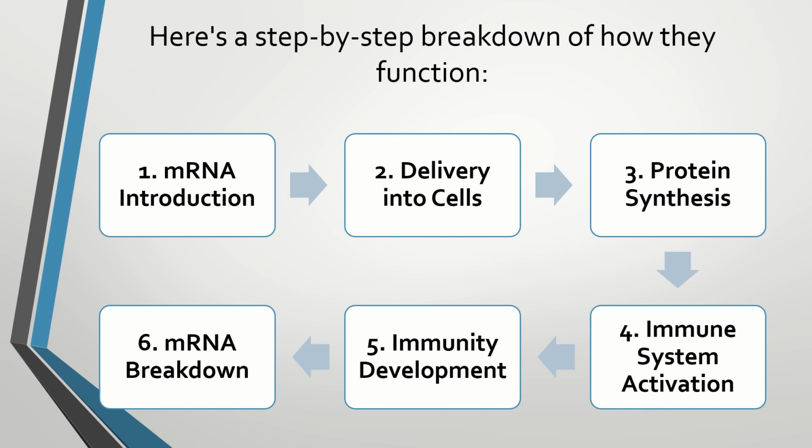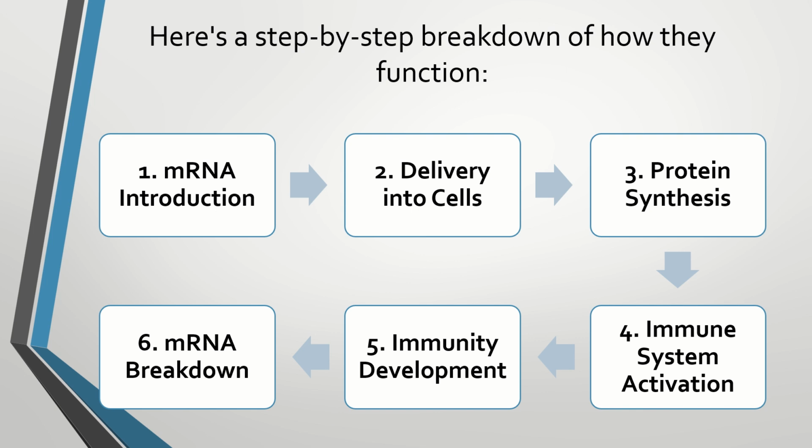Here it comes to the delivery into the cell. The messenger RNA vaccine, which contains messenger RNA coated with the lipid layer, enters the cell, where that lipid layer is removed, so we have the messenger RNA only. When the messenger RNA enters the cytoplasm, it migrates to the ribosome.